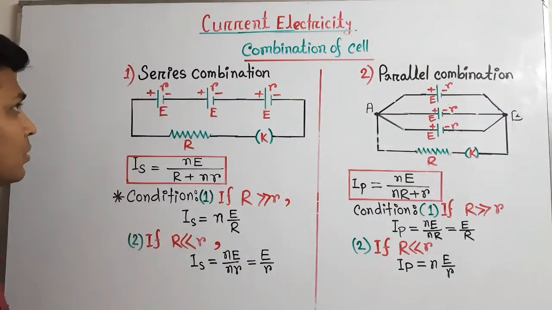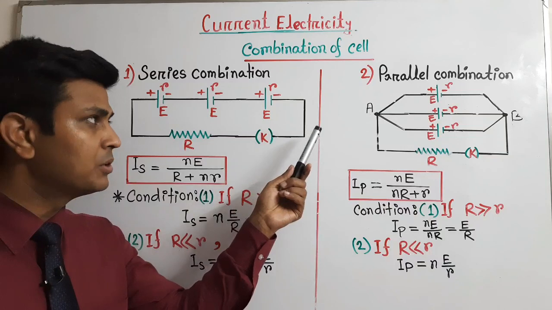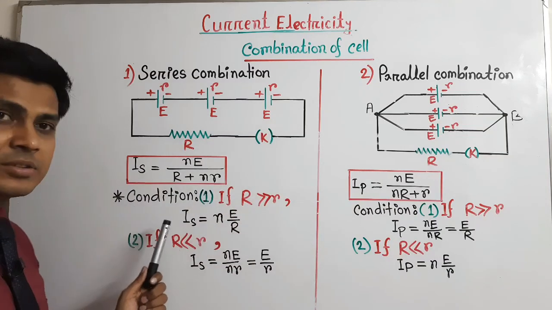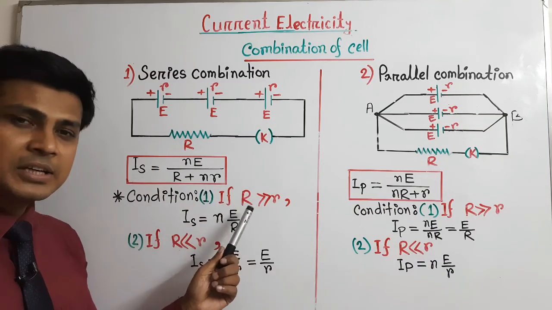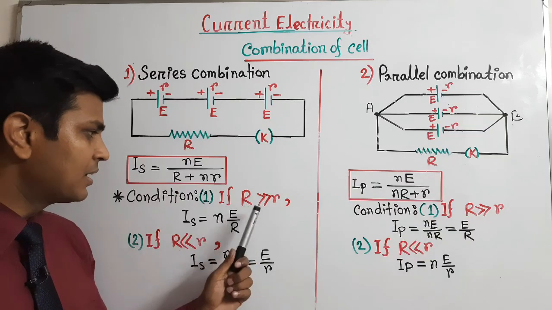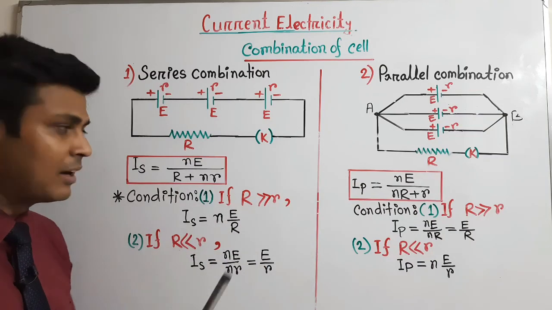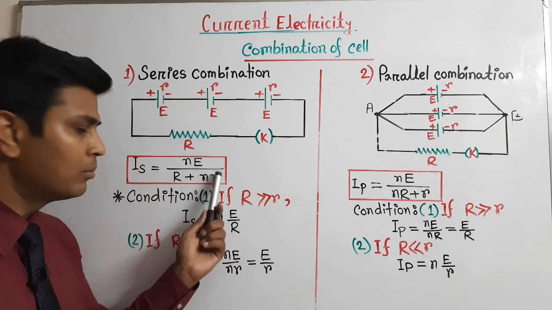Let us discuss some conditions related to the series combination and the parallel combination of cells. The first condition: if the external resistance is greater than the internal resistance, that means if capital R is greater than small r, then we can neglect the value of small r, that means nr will be negligible.